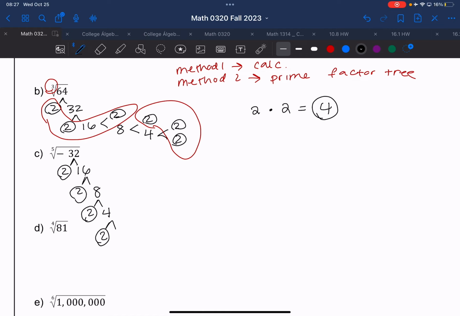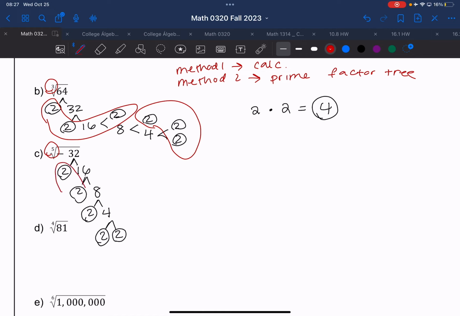And then 2 goes into 4 2 times. So I ended at a prime number 2. How many am I going to be circling in my pairs? 5, because that's the number outside of the radical, that 5.